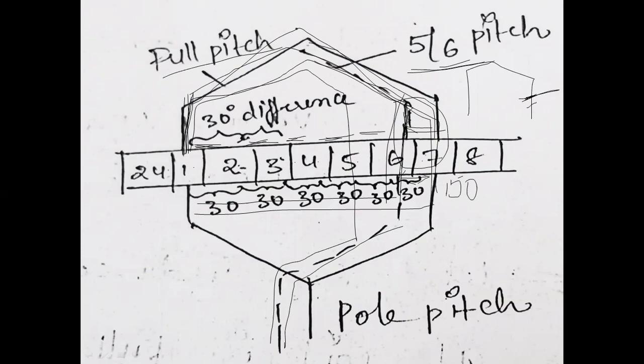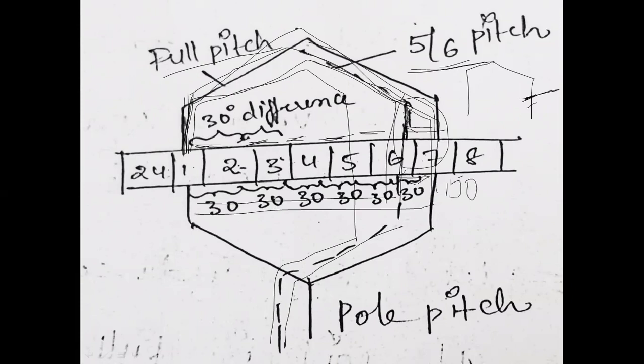But there is a disadvantage of short pitch. The total voltage around the coils is reduced. This is the only disadvantage in short pitch. Why will the voltage get reduced?